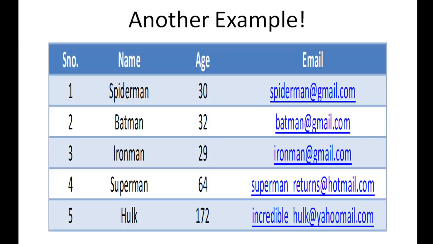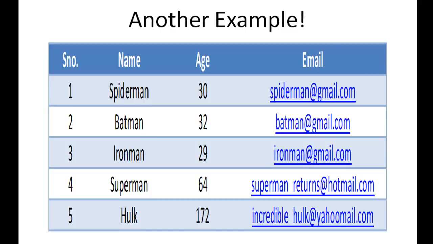So let's have a look at this table here, and it's different from the table that we saw in the last tutorial. This one has 4 fields. The first one is serial number, so I have serial numbers 1 2 3 4 5 for the 5 rows that I have in the table. Then I have another field called name, in which I have names of superheroes, and Hulk really doesn't qualify as a superhero, but I like it very much, so that's why I've included it.